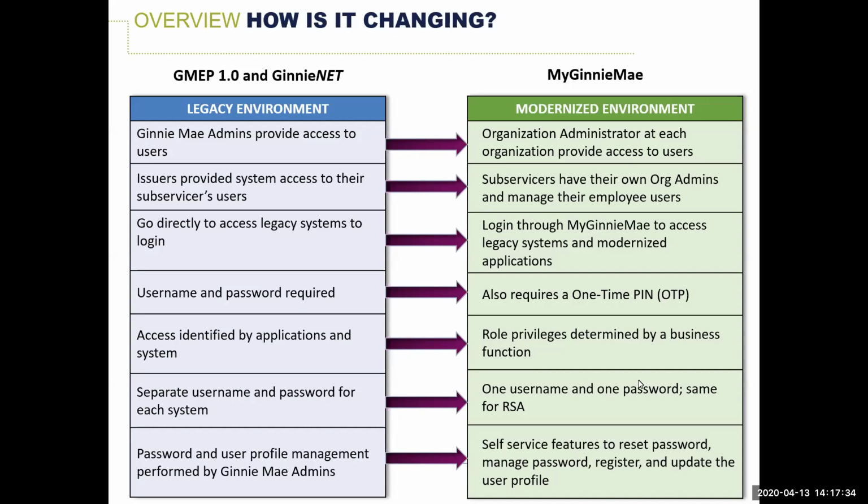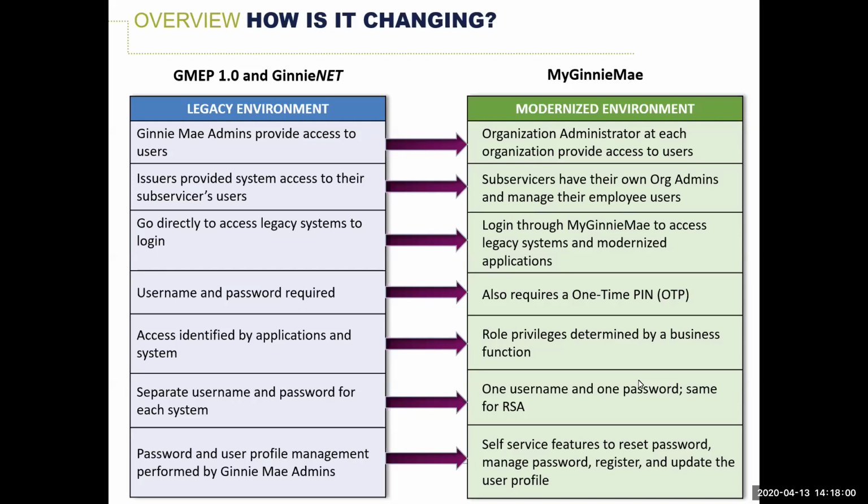And then in our legacy systems, there are certain things that GinnieMae customer support at the Bank of New York Mellon had to manage on behalf of users: updating profile attributes, unlocking accounts, resetting passwords, and so on and so forth. Those things are no longer managed by the GinnieMae customer support team.